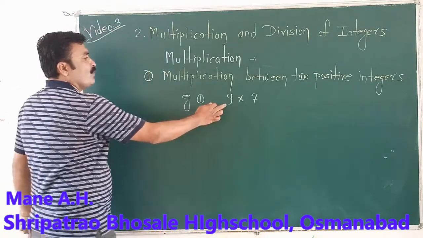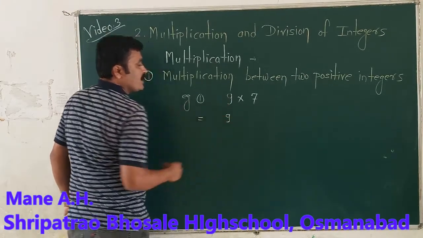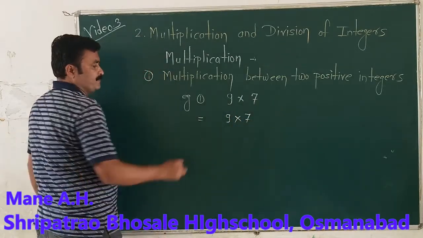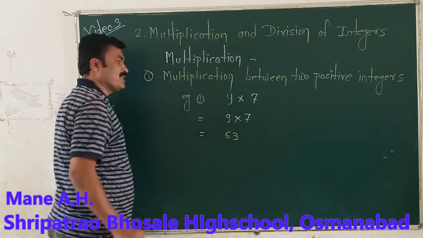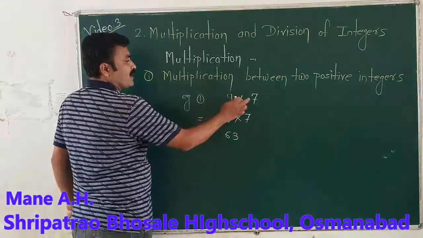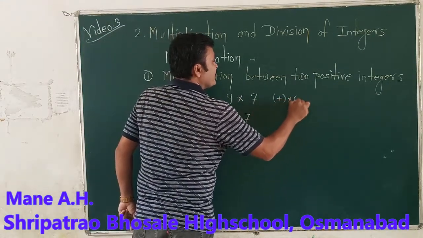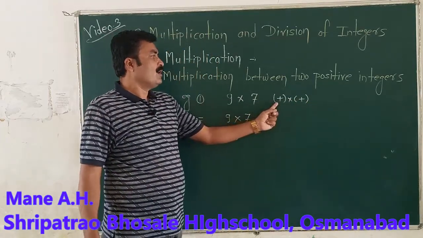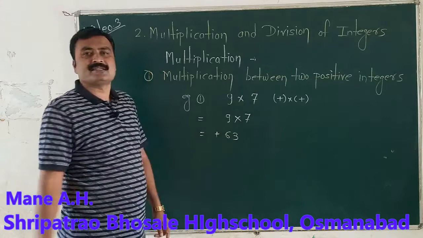The magnitude of plus 9 is 9, and the magnitude of plus 7 is simply 7. So take the product: 9 7s are 63, or you can say 7 9s are 63. Now, since both are positive, if we take the multiplication between signs, positive into positive makes positive, that is plus 63.